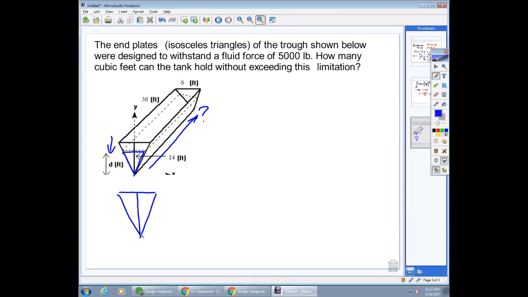And they're recommending putting the x-axis down here and the y-axis right there. Now, most people aren't very good at making 3D pictures, which is fine. You should always do a 2D sketch of the plane that you're working in with cross sections. That's a good idea. So this is the point 0, 0, right? And this would be the point 3, 14. It's 14 units up and a total of 6 across the top.